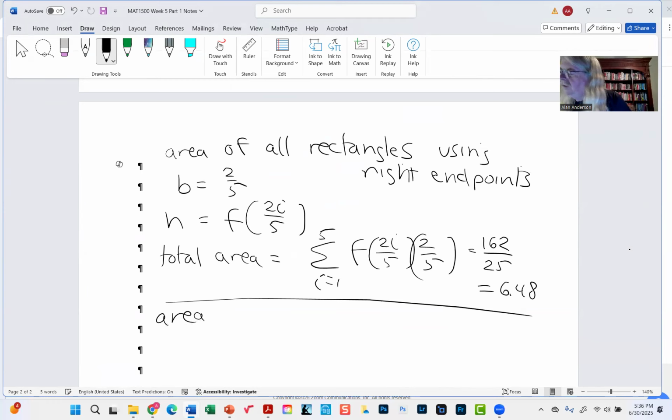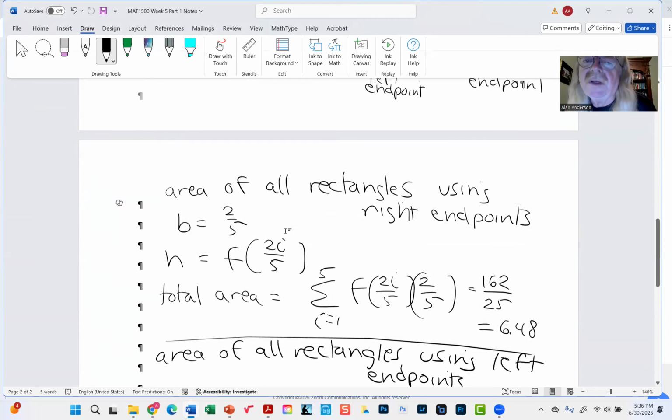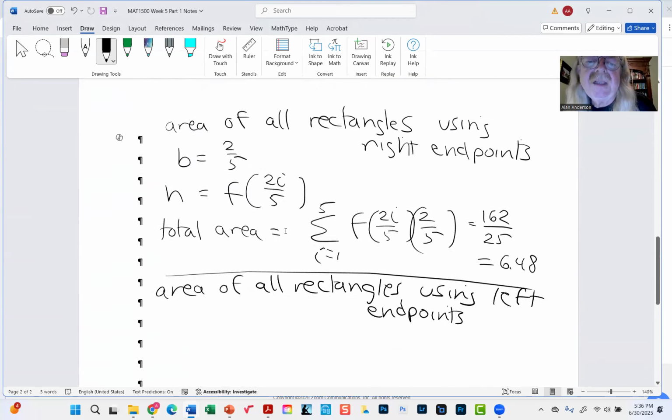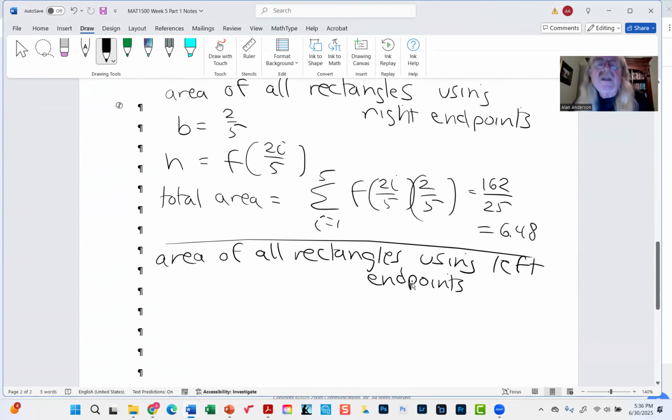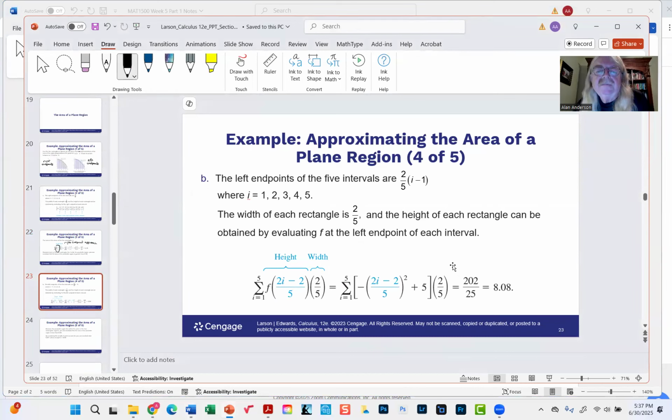What about the other one? The only difference is the formula we use to represent the left endpoints. So instead of 2i over 5, it's going to be (2i minus 2) over 5. Okay, so you can see it right there, (2i minus 2) over 5.